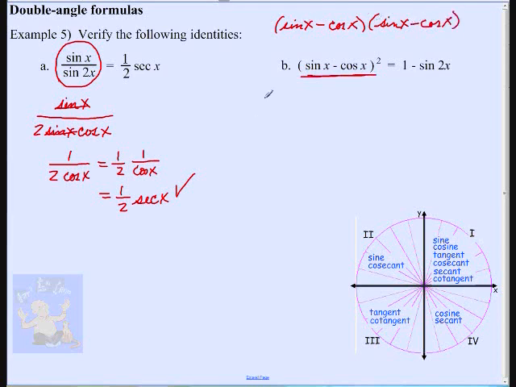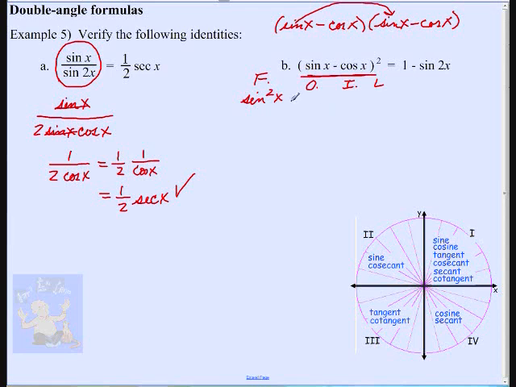And when I do, I get sine squared x, and that's my first, and then I get my outside, then I get my inside, and then I get my last. My outside is going to be a negative sine x times cosine x. My inside is going to be a negative sine x times cosine x.